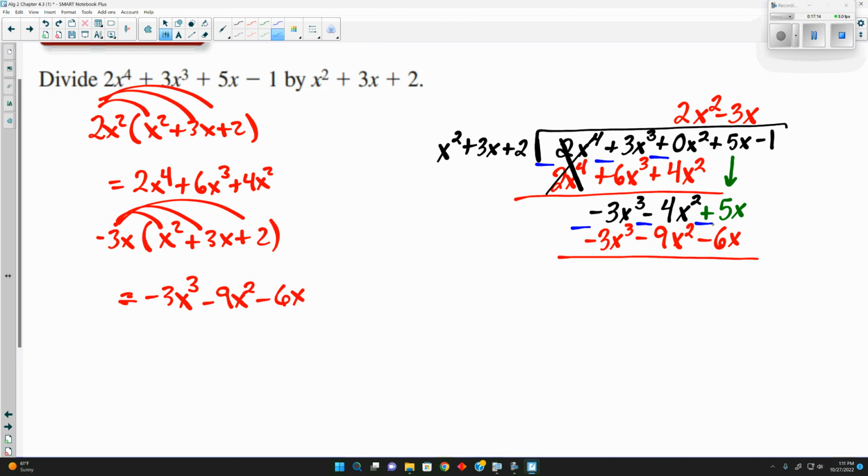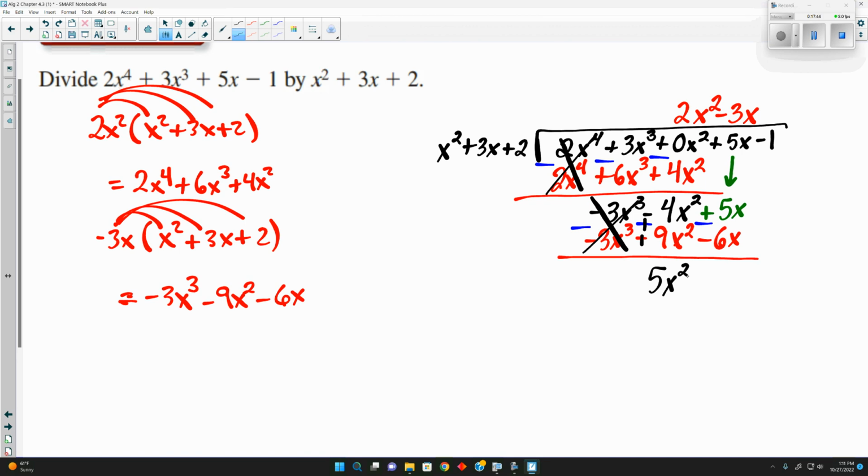And we're going to subtract again. So the first one we have is negative 3x cubed minus negative 3x cubed. Again, that is 0. That's what we want it to be. We want it to be 0. Now when we look at the next one, negative 4x squared minus negative 9. Well, the negative and negative would make a plus. So we're looking at negative 4x squared plus 9x squared, which is 5x squared.